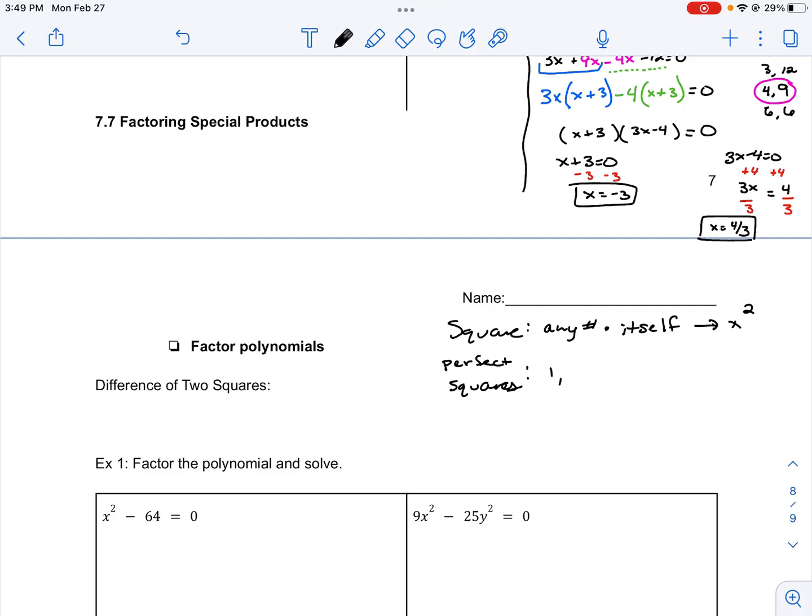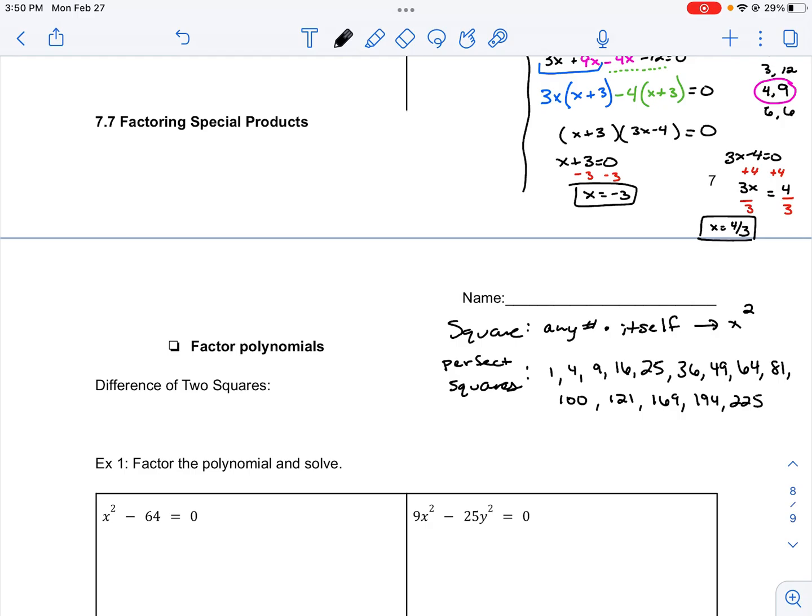A perfect square is 1, 4, 9, 16, 25, 36, 49, 64, 81, 100, 121, 169, 194, 225. That gets you at least up to 15 squared. But just kind of know that those are perfect squares, and those are terms that you need to look for in order to use special cases.